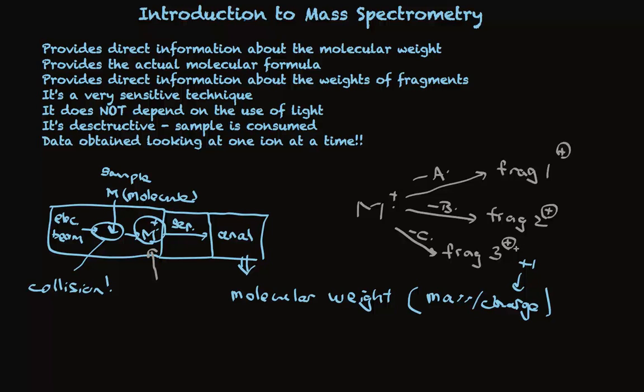And the weights of these fragments are also determined. They're measured simultaneously. So now what we know are the weights of smaller pieces of this molecule. And in fact, these may be fragmenting as well to give even smaller fragments.